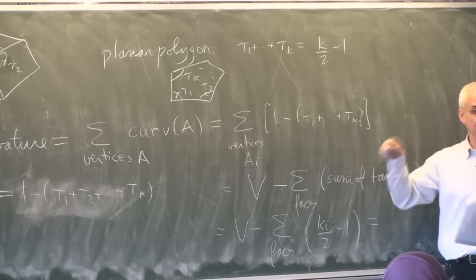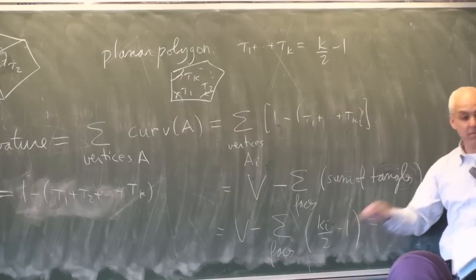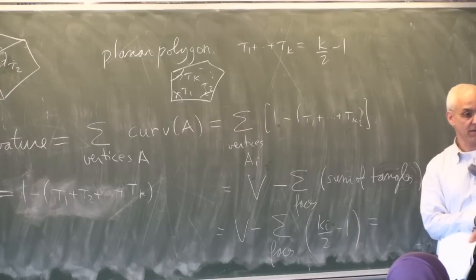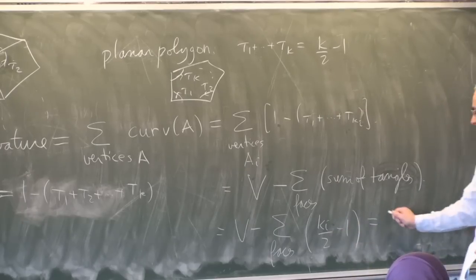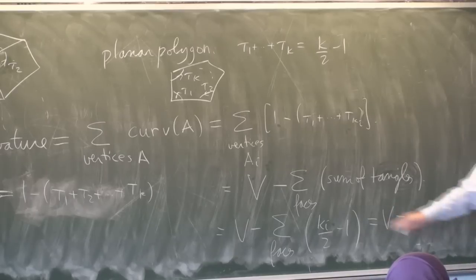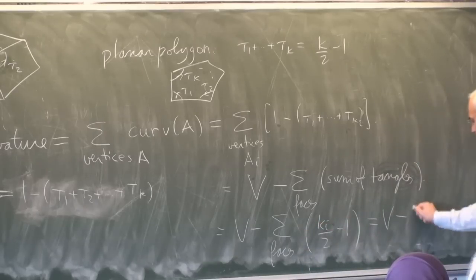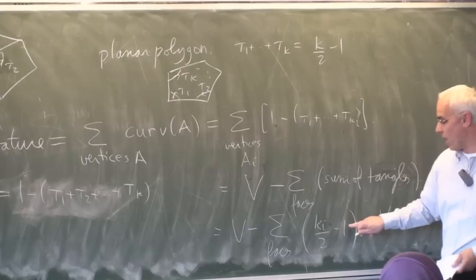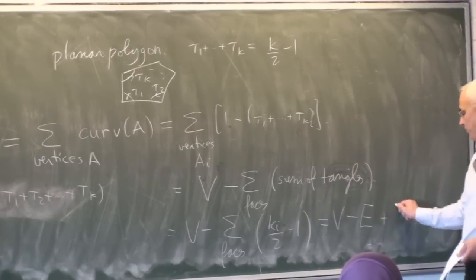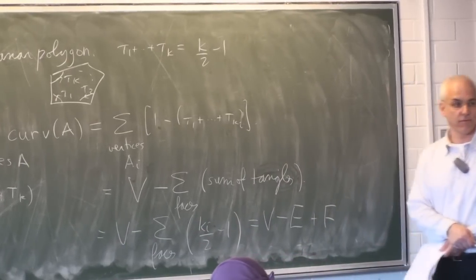Every edge appears in 2 faces, so it gets counted twice, and we've divided by 2 very conveniently. So we're getting V minus the number of edges, and then there's a plus 1 summed over faces, so that's plus F.